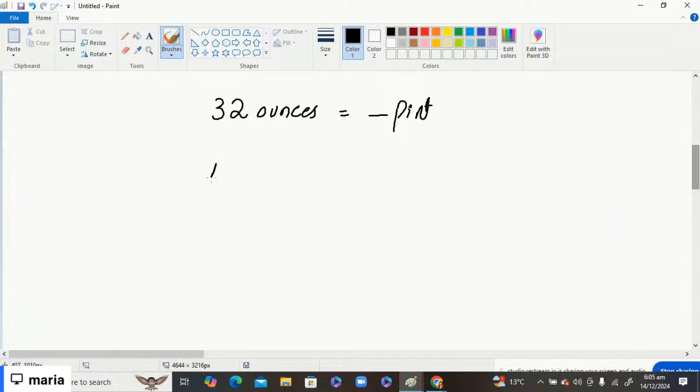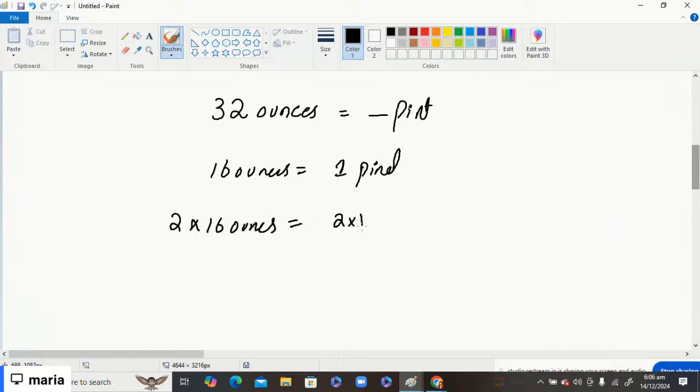As we know 16 ounces is equal to 1 pint, so double the 16 means double the pints. So 32 ounces is 2 pints.